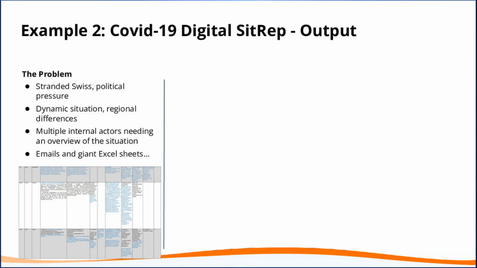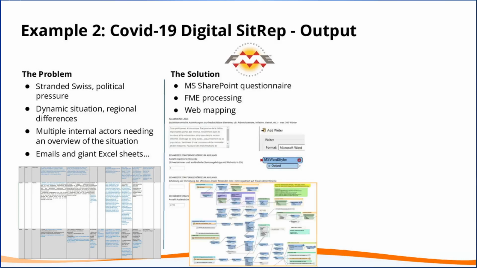So yeah, the typical situation: Swiss stranded, lots of political pressure, a very dynamic situation with regional differences, multiple internal actors all needing an overview of the situation. And they were doing that with giant Excel sheets and there was no overview, shall we say.